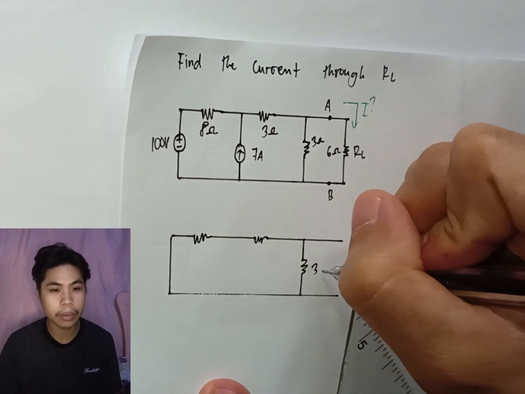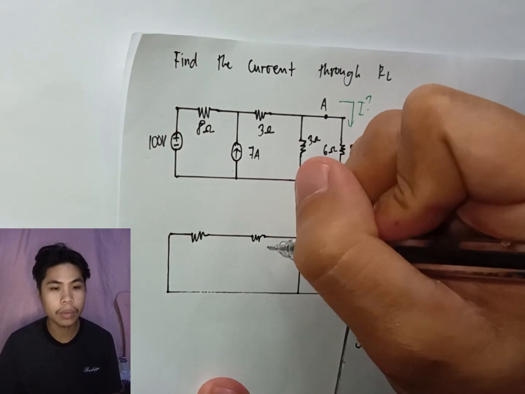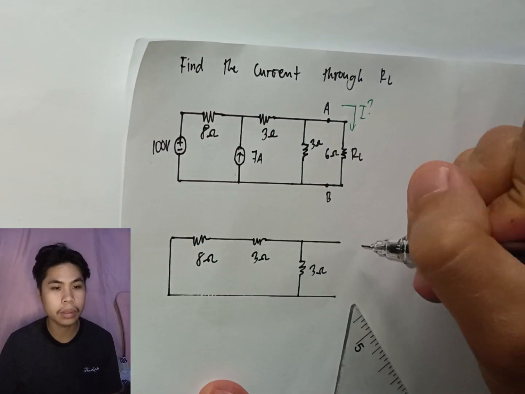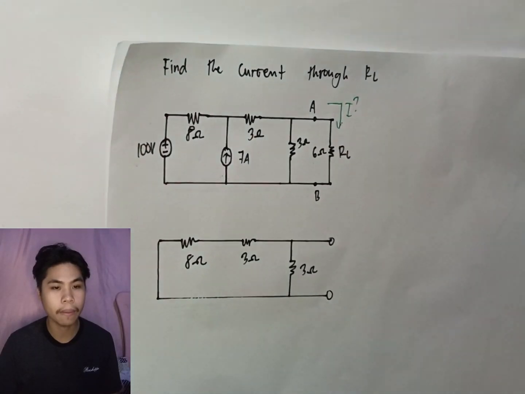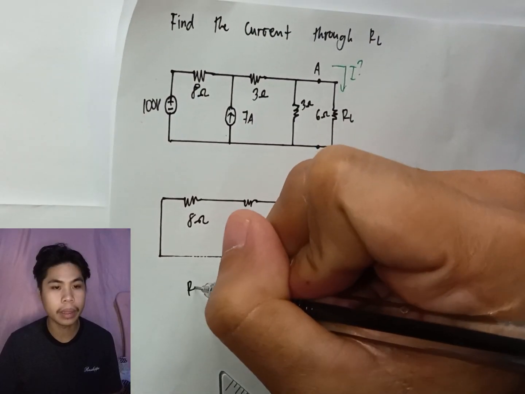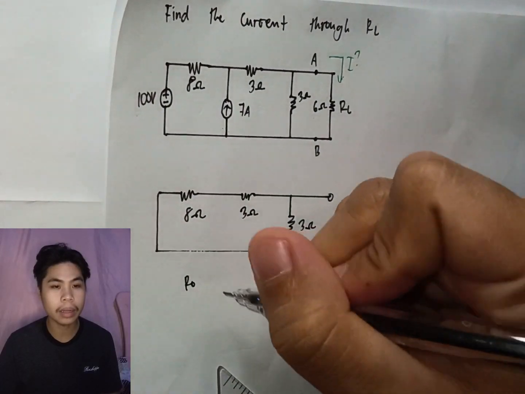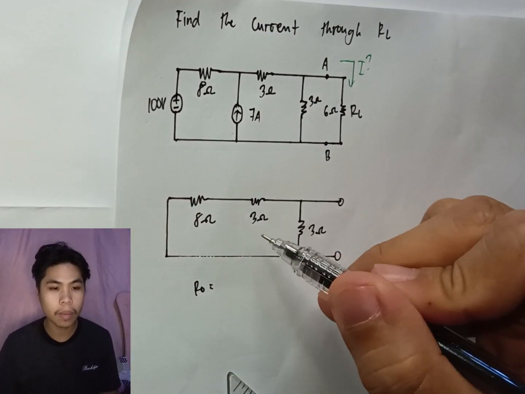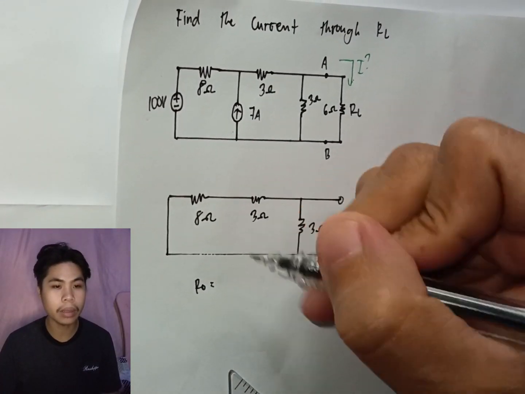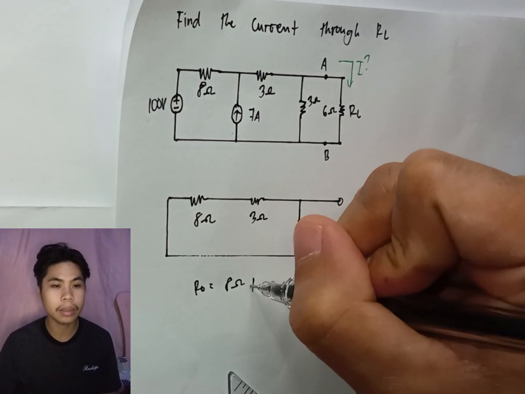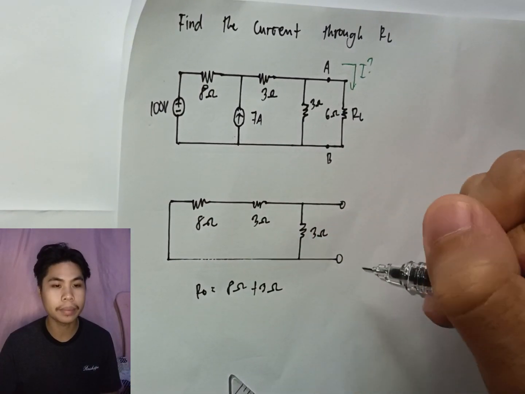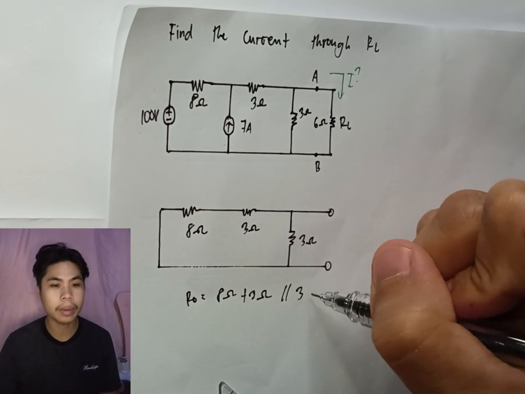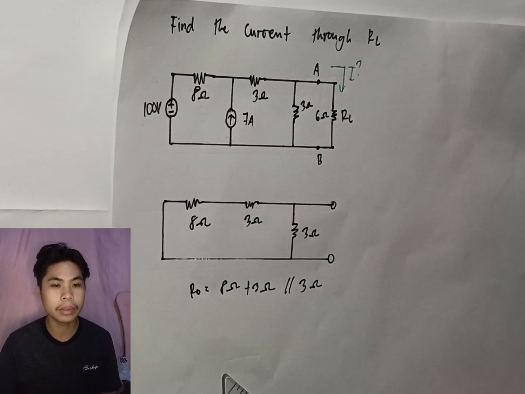Meron tayo ditong 3 ohms and then 3 ohms and then 8 ohms. And yung connection natin sa RL ay mawawala na din. So RO, mapapansin natin na yung 8 ohms at 3 ohms ay in series connection, so mag-add na lang sila. 8 plus 3 ohms, and they are in parallel with the 3 ohms resistor.